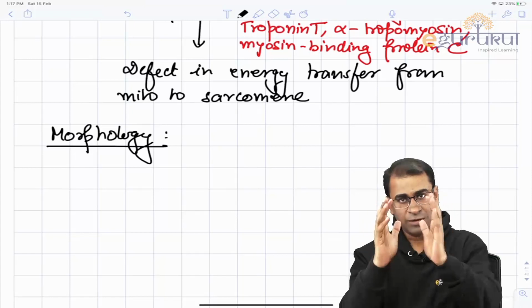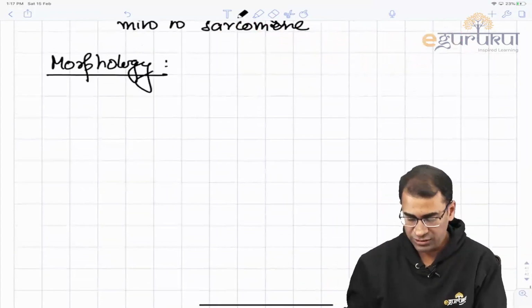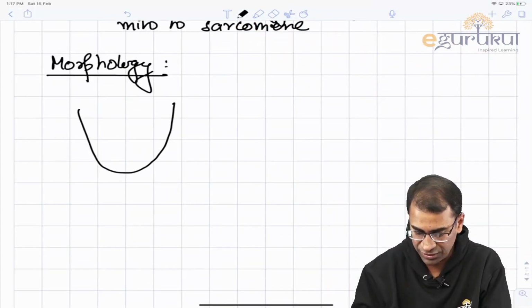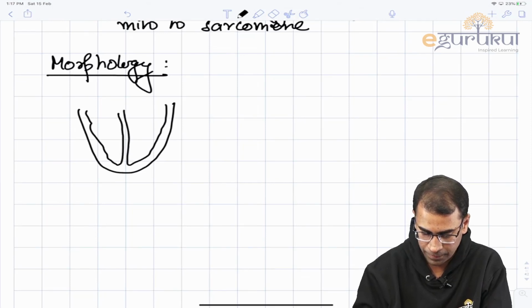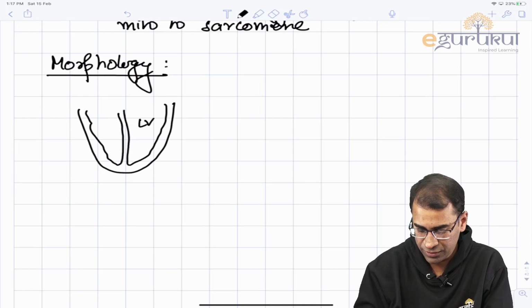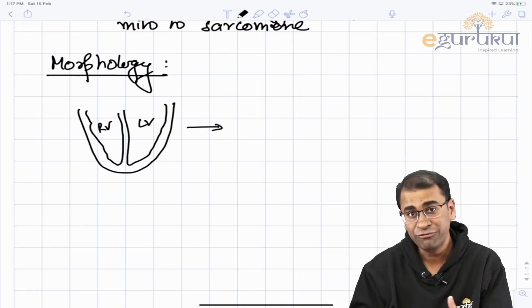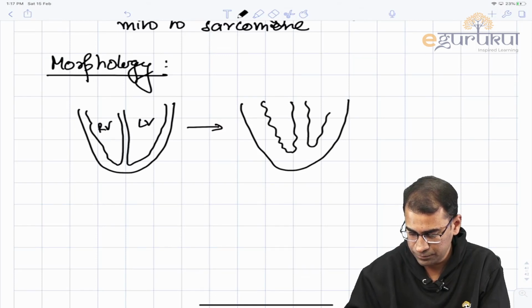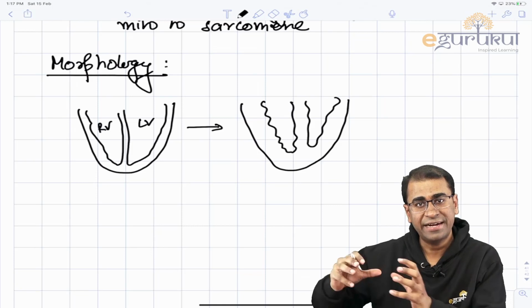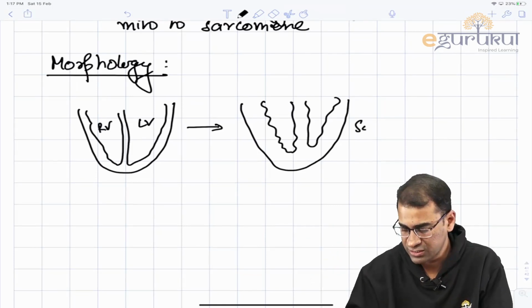Suppose this is a ventricle wall, this is a septum, this is a left ventricle, this is a right ventricle. Now, if there occurs an overall hypertrophy of the entire ventricle like this, so if the entire ventricle increases, it is called a symmetric enlargement.